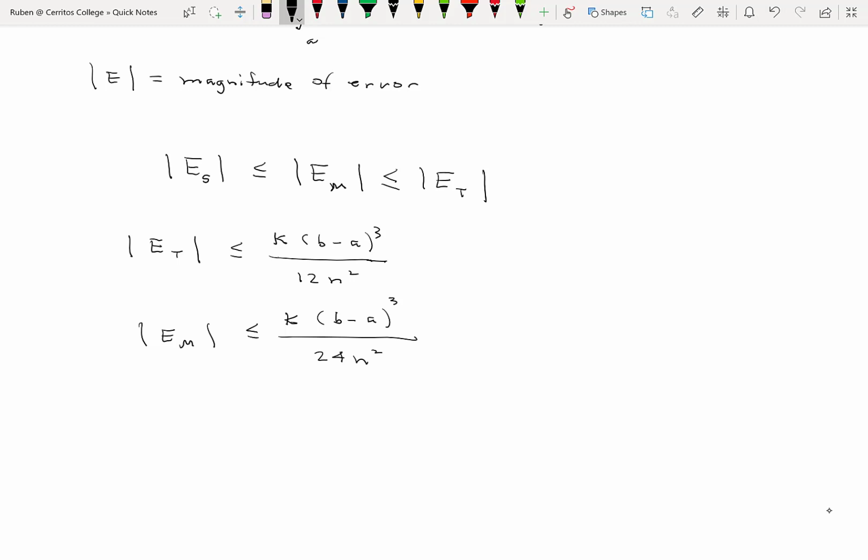By far, the most difficult part of the course is coming up in chapter 11 when we talk about series. But a really close second or third to those things is actually finding this constant k. So what is this constant k?